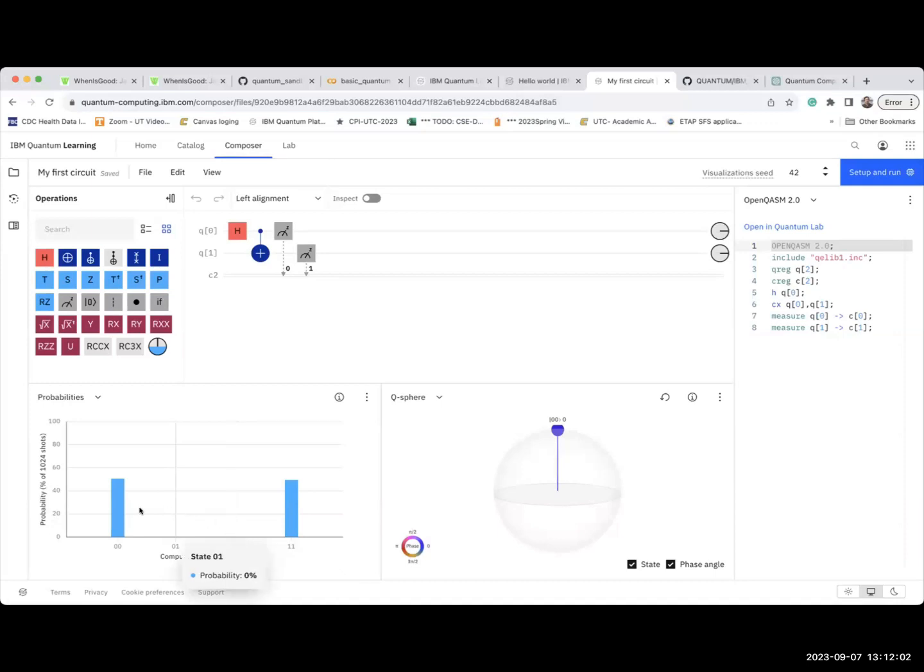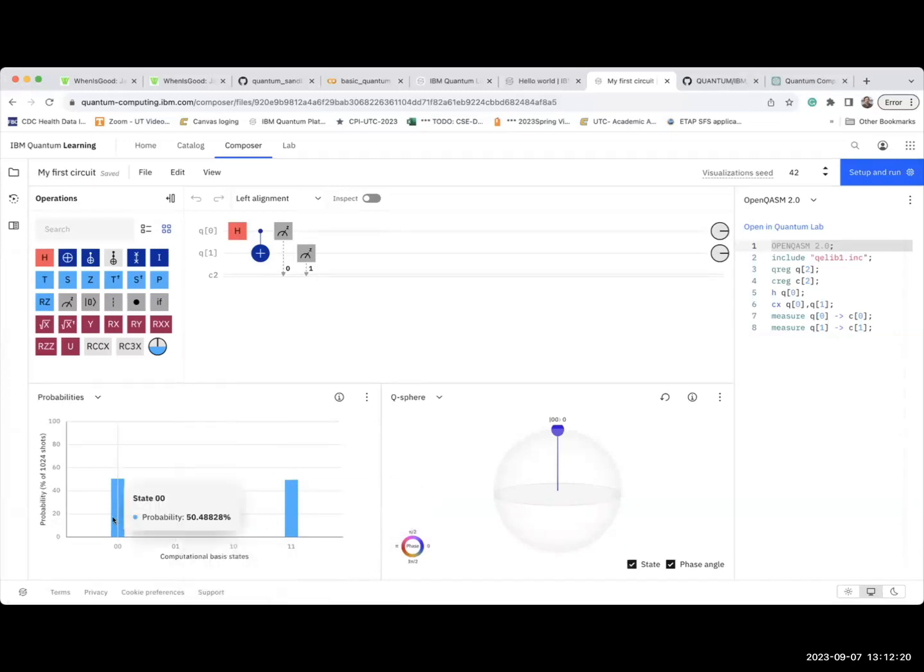So in theory, with 2 qubits, we may have 00, 01, 10, 11. If they are not entangled, we should see a uniform distribution over all 4 possibilities.